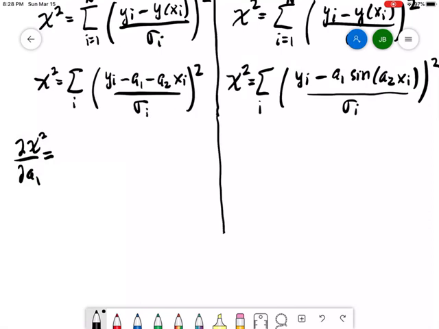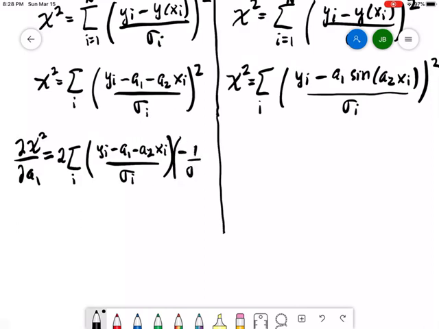So let's see, when we take the derivative, we get a factor of 2, and then the sum, and then we're going to have yi minus a1 minus a2 xi over sigma i. And then we have to take the derivative of what's inside, and we have a term that's minus a1 over sigma i, and so when we take the a1 derivative, we pick up a minus 1 over sigma i. Okay, and then to do the minimization, we set that equal to 0.